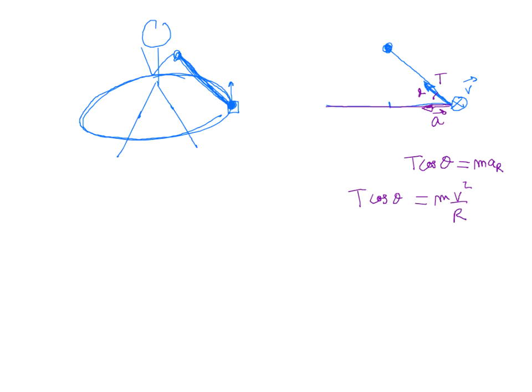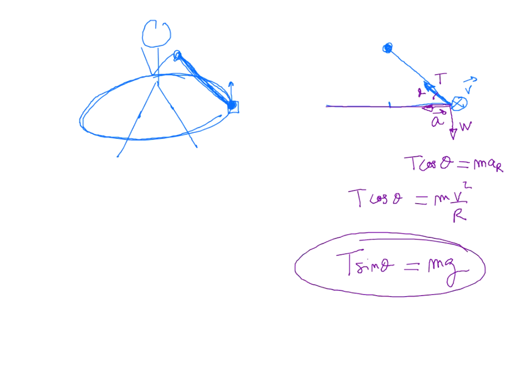If you add the weight here, then the y component is going to be the one that is equal to the weight. So this one contributes to keeping this rotational motion at the same angle theta and the same height. But the radial component of the tension, along the radial acceleration, will be the one that creates that acceleration and that circular motion.